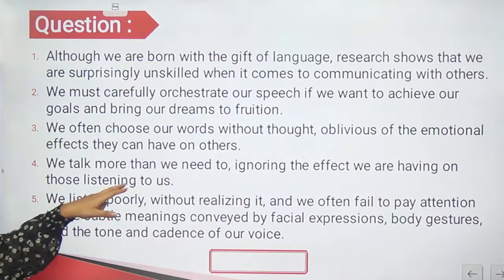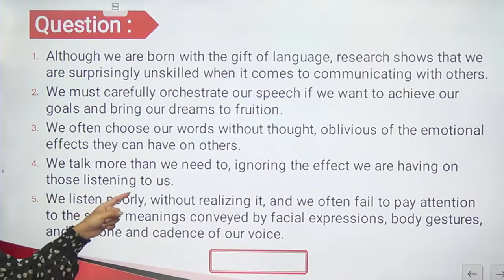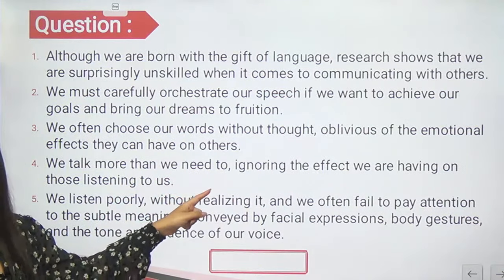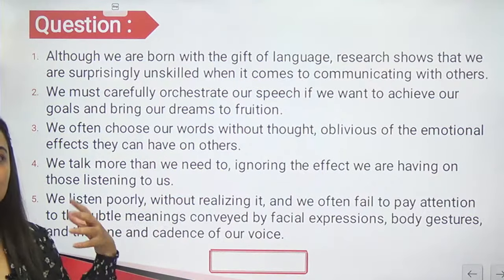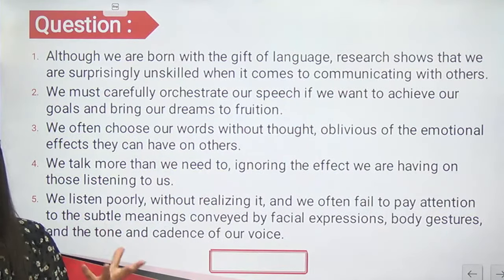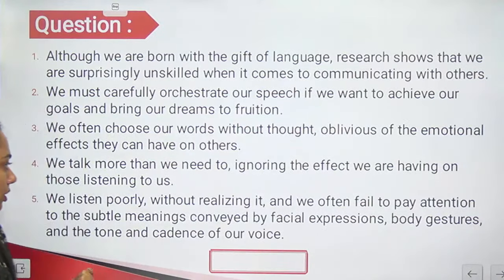We talk more than we need to, ignoring the effect we are having on those listening to us. More or less the same idea that was conveyed in the above line, right? Again, emotions or consideration of the listener is being talked about. We listen poorly. Same idea is in continuation here also.